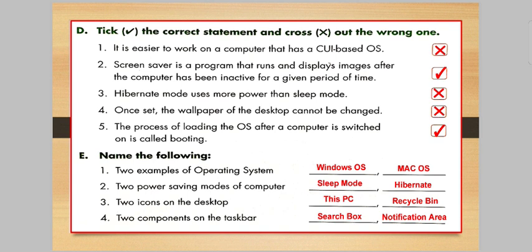Two power saving modes of a computer: sleep mode and hibernate mode. Next is two icons on the desktop: This PC and Recycle Bin. And two components of the taskbar: search box and notification area.